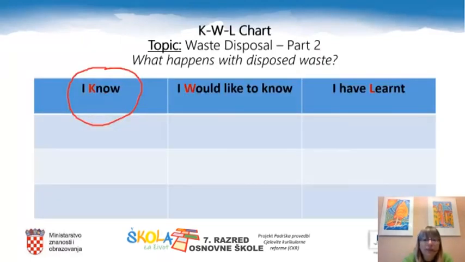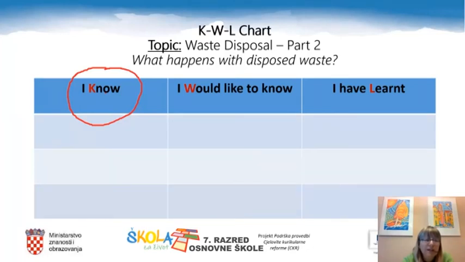Since the first step is revision, I would like you to remember what we did in our previous lesson, Waste Disposal Part 1. Please write the notes in your notebook using KWL chart that you can see on the screen. And you should write in the first section of the chart, which means the column I know.